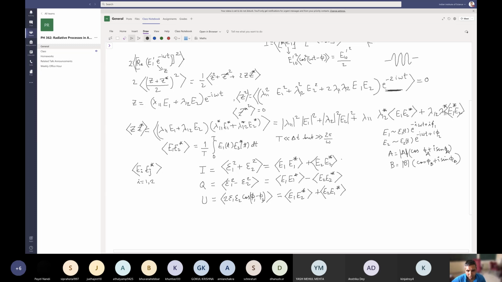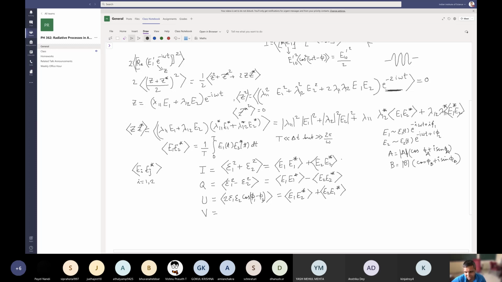So epsilon1 epsilon2 cos phi1 minus phi2 can actually be written as, if I take A times B star, then you will have terms like cos phi1 minus phi2. Anyway, let me just write down these results.